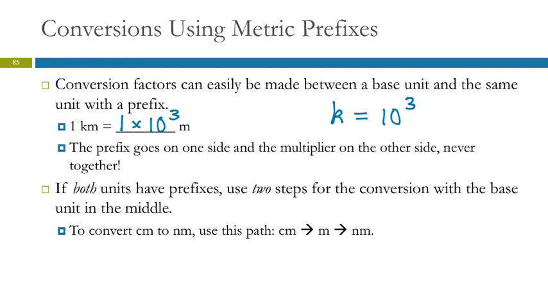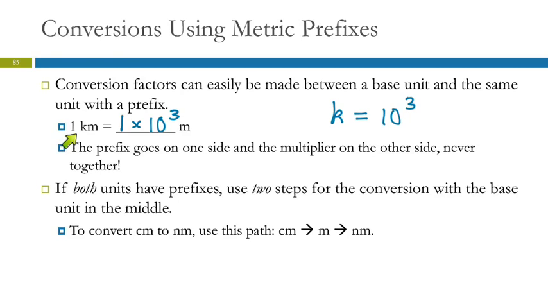Otherwise, kind of my rule of thumb is if there's more than 3 zeros at the beginning, or more than 3 zeros at the end, put it in scientific notation. I hate having to get my finger out to count zeros, right? It makes me feel like a first grader or something. So in those situations, scientific notation is just easier to look at. It's never wrong to put it in scientific notation.